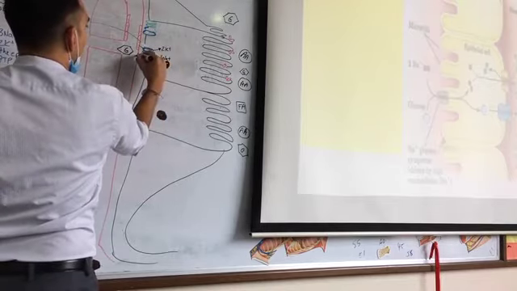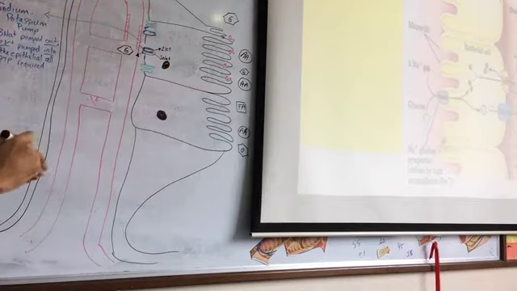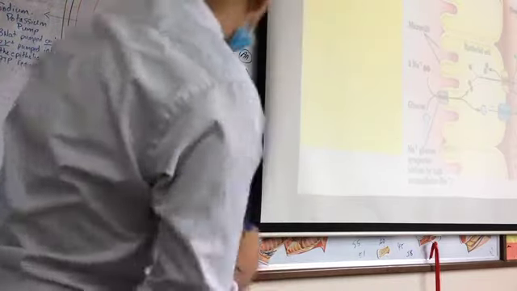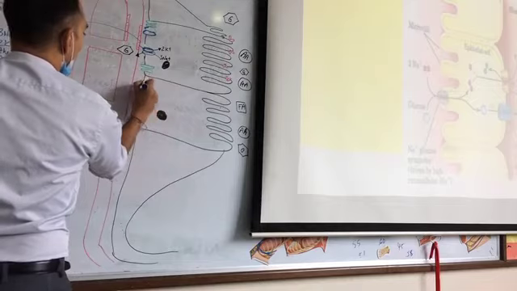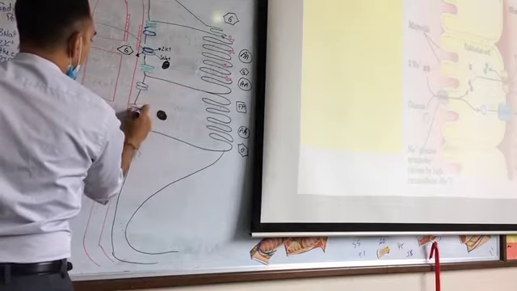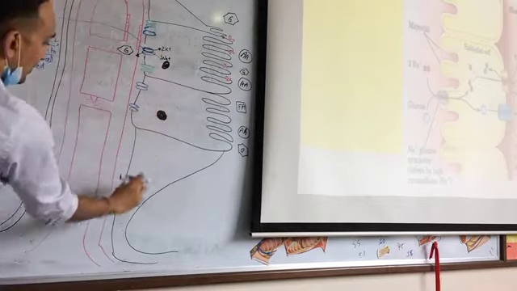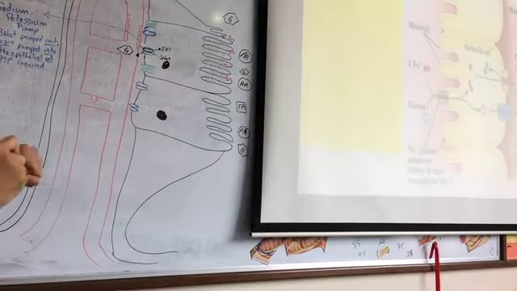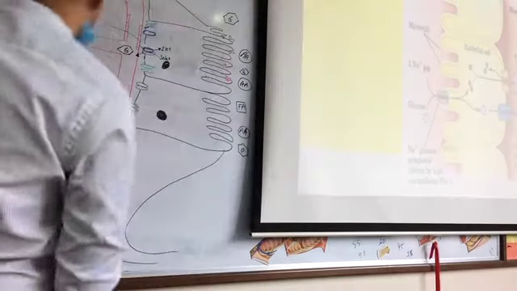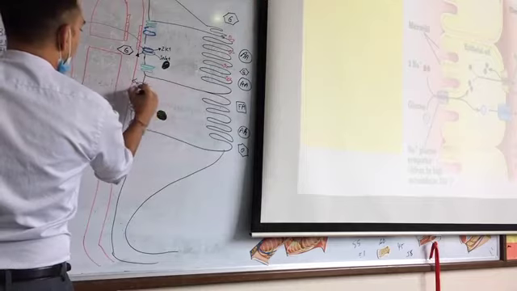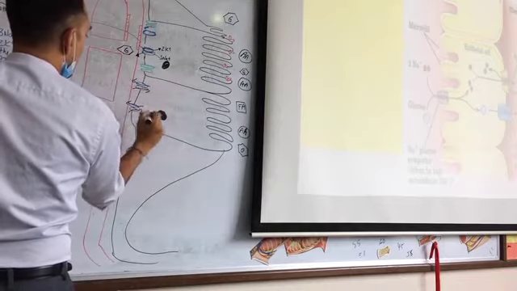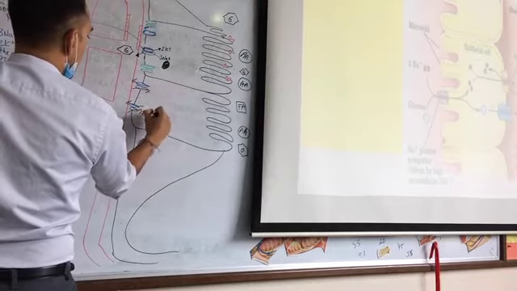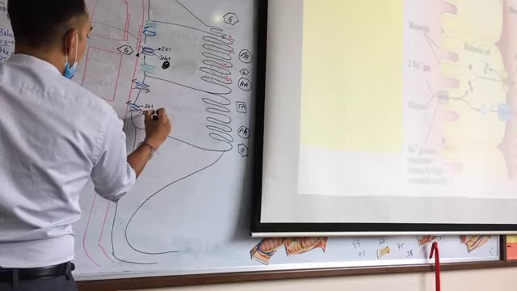And this goes on at all of the cells of the epithelial, right? If you wanted to continue, you could show more of these everywhere along the edge, all the way down. This would be happening. Like this, 3 Na+, 2 K+.